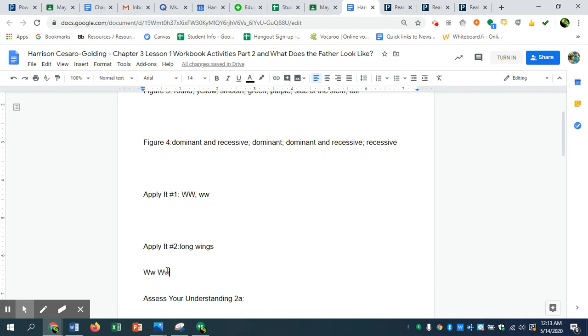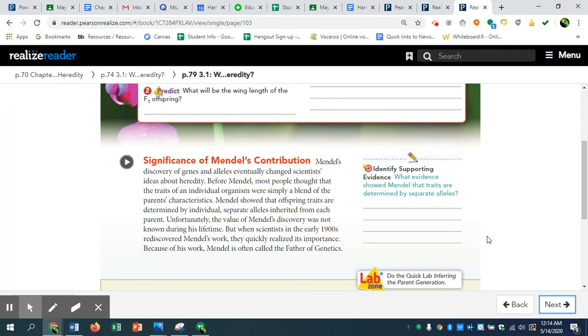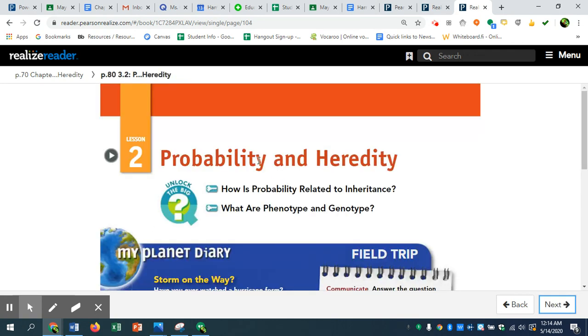And again, the same rule applies. 3/4 of them would be long winged, showing the dominant, and 1/4 of the offspring would have the recessive short wing trait. Okay. Again, when we do Punnett squares next lesson, you're going to really understand what all that means. All right, let's move on to the next activity.